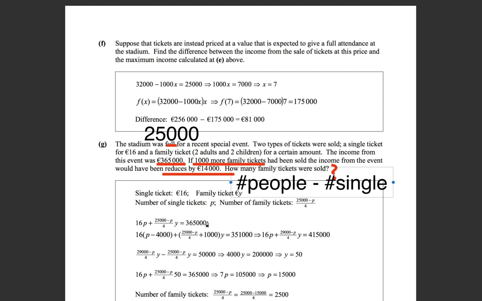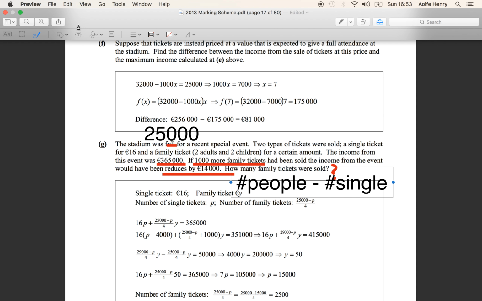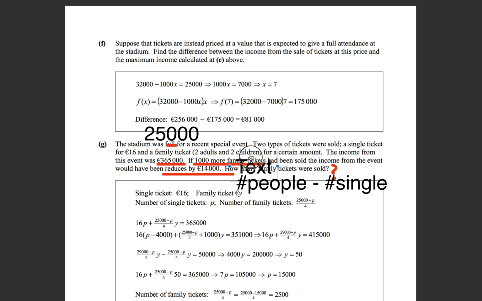So we need to put together 2 equations here. One based on the full income. 16 euro times the single tickets plus the number of family tickets times the family ticket price equals 365,000. That's equation 1.